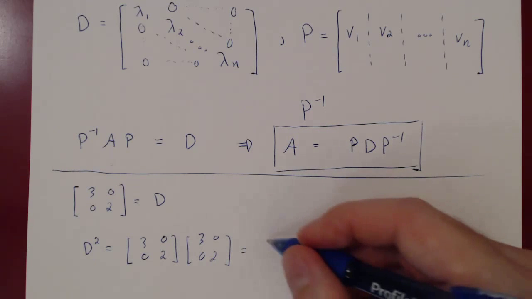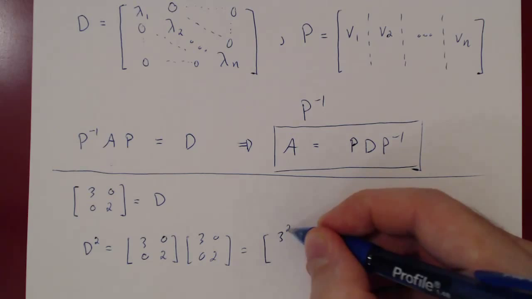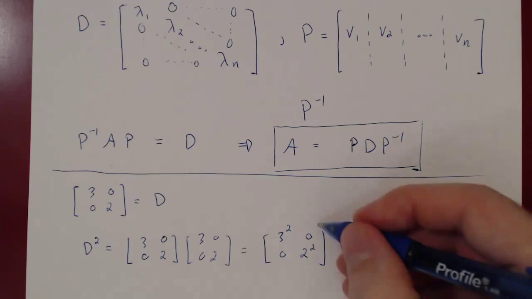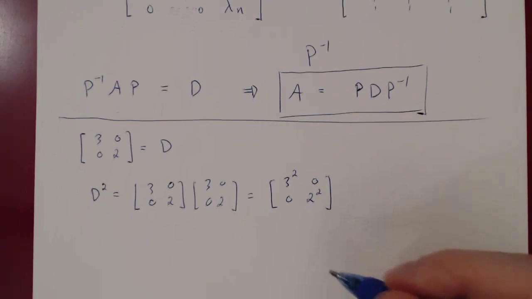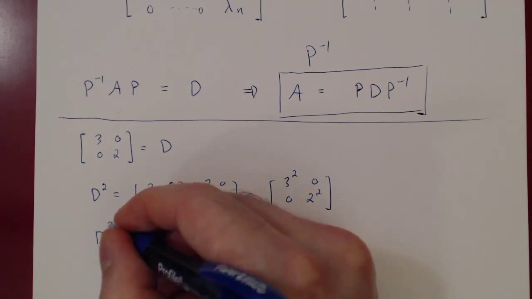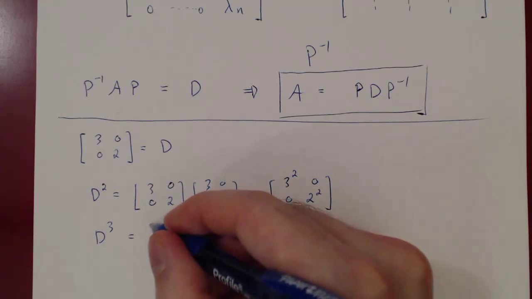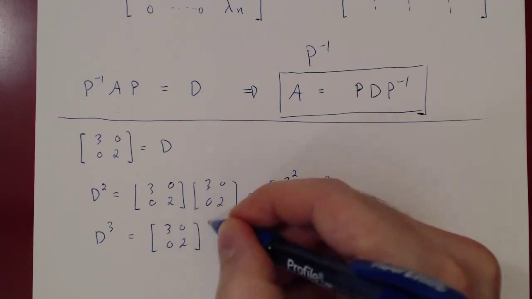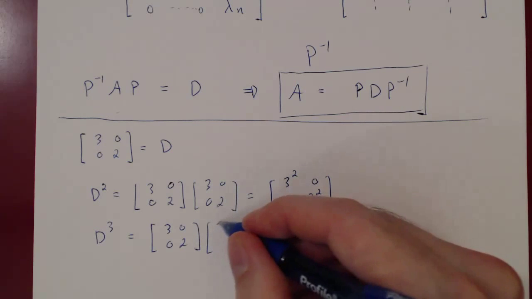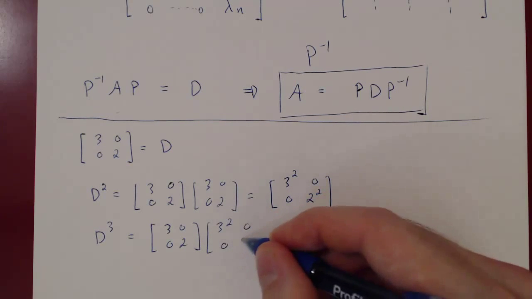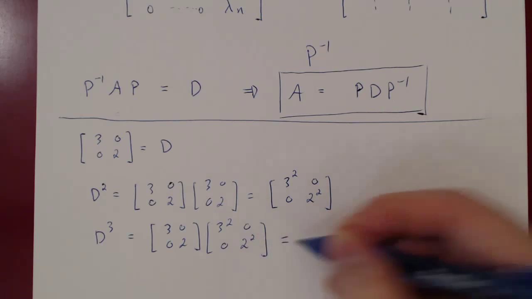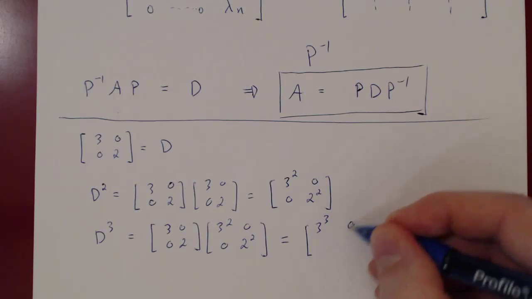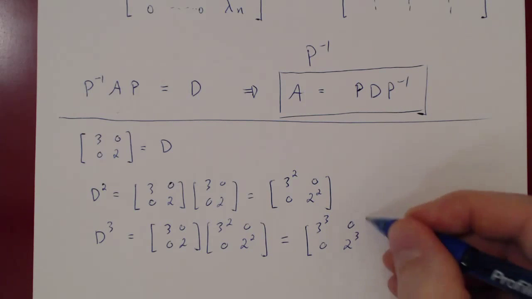If you compute this, what you'll find is this will be 3 squared, 0, 0, 2 squared. If you find the third power of D, so D cubed, this will be D times D squared. So D times D squared, 3 squared, 0, 0, 2 squared. And if you multiply, you'll find this will be 3 cubed, 0, 0, 2 cubed.